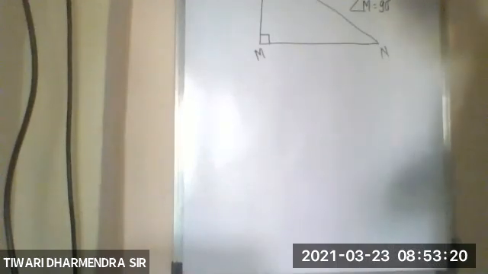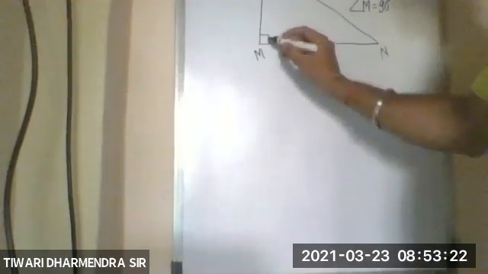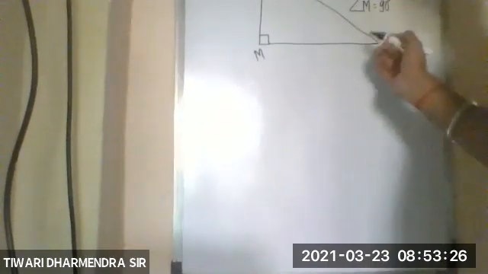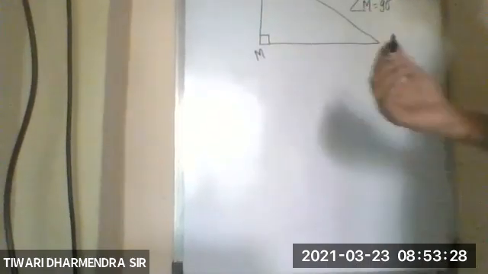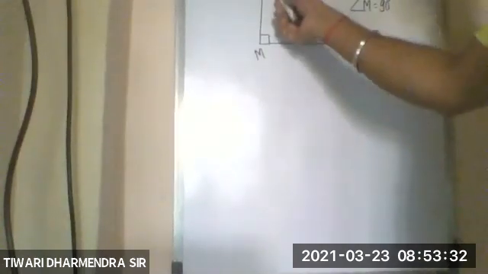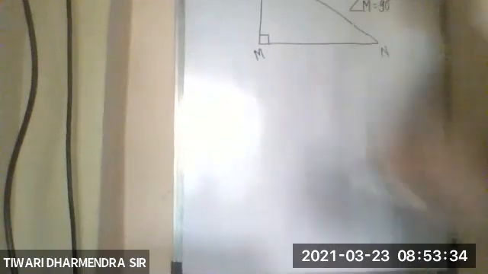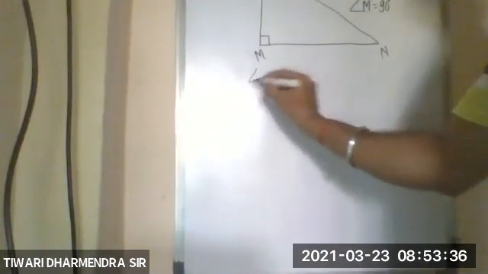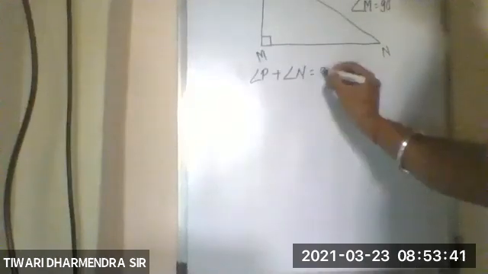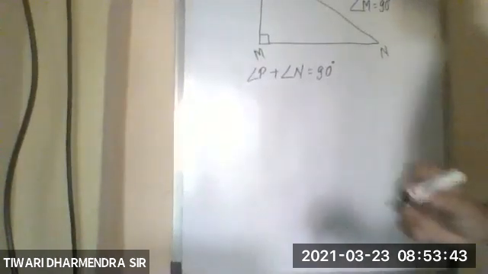Okay. So if angle M is 90-degree, then what do you say? What is the conclusion for angle P and angle N together? Angle P plus angle N is equal to 90-degree. Yesterday we have seen this.